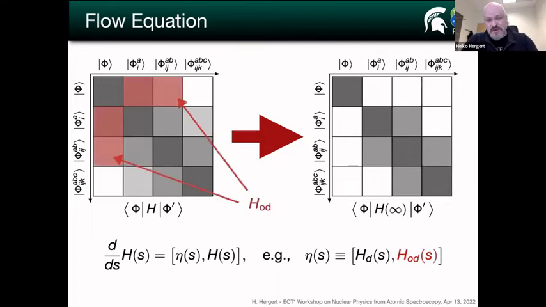As I just told you, we want to eliminate the parts of the operator that couple the reference states to these one particle one hole and two particle two hole excitations in this example. So this will define our off-diagonal Hamiltonian, and that gets driven to zero as we evolve.